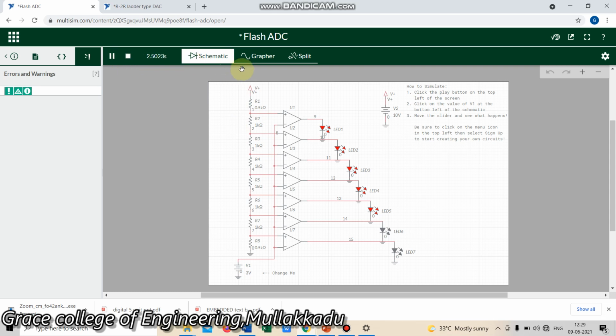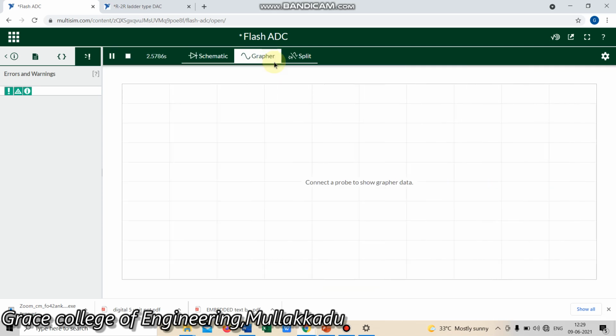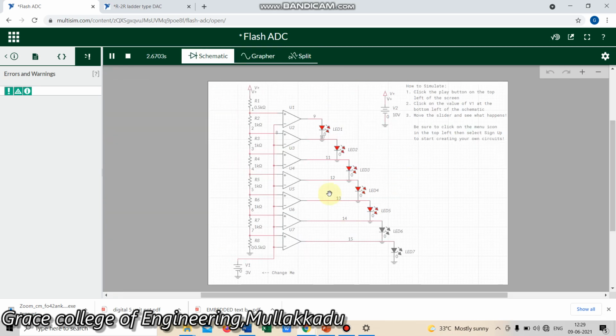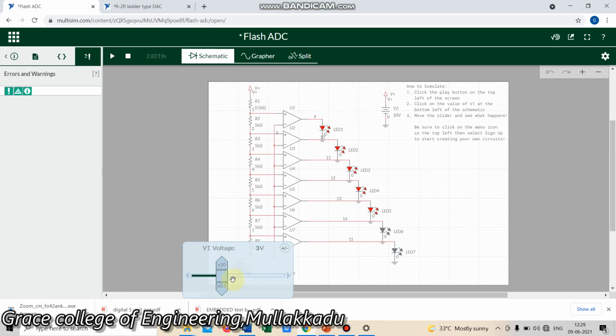I am going to run this and we can see the output in the LEDs. Suppose I change this voltage, then you can see that only these three LEDs get the value 1. 1110000 will be the output.